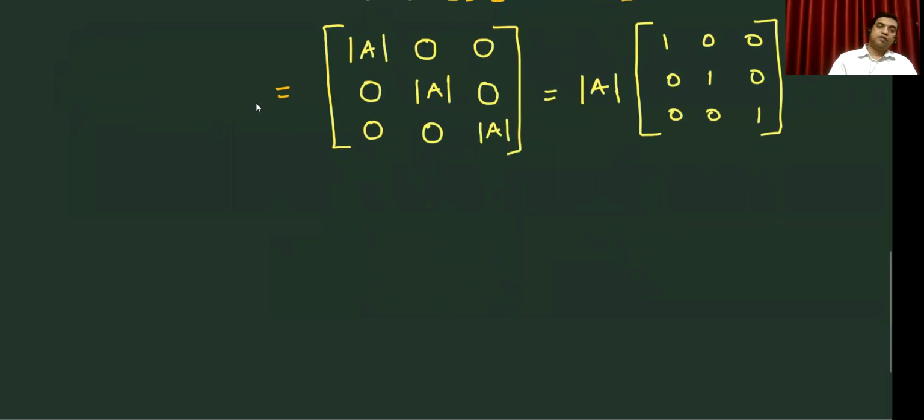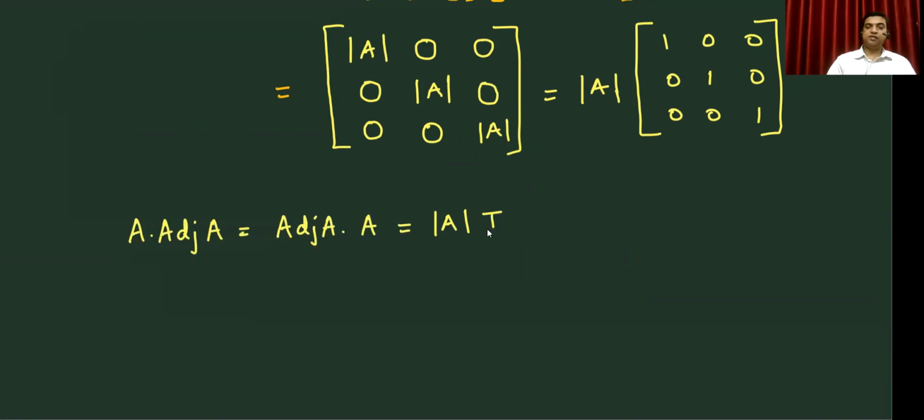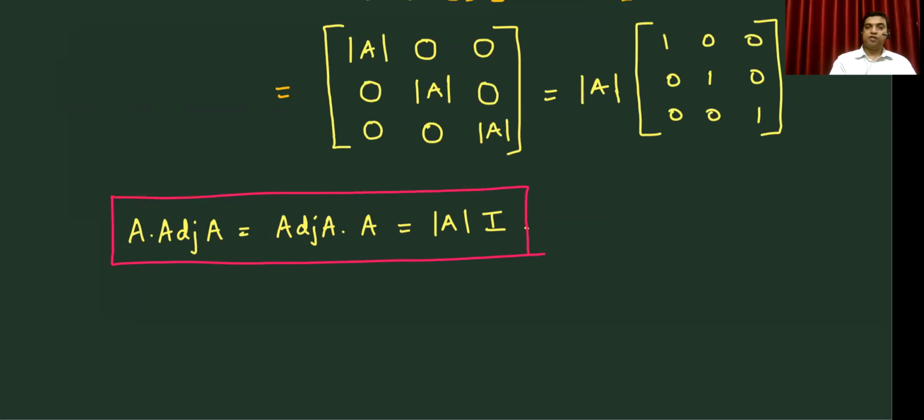From here, we have proven a very important result: A into adjoint A is adjoint A into A is determinant of A times I. Matrix multiplication is not commutative in general, but this is true: A into adjoint A is adjoint A into A, as long as they are square matrices.